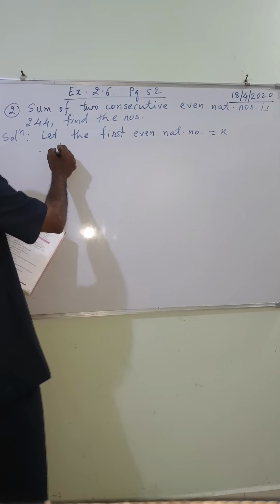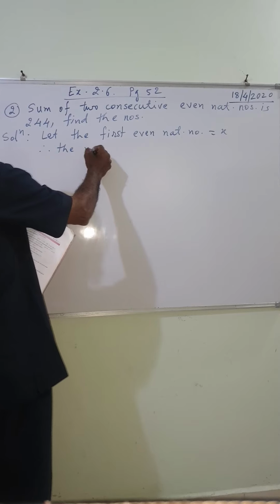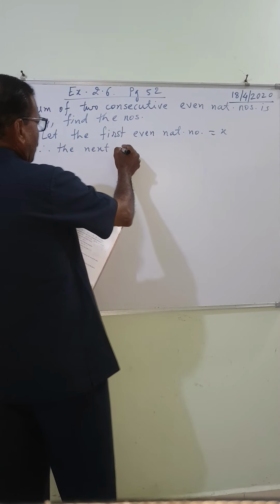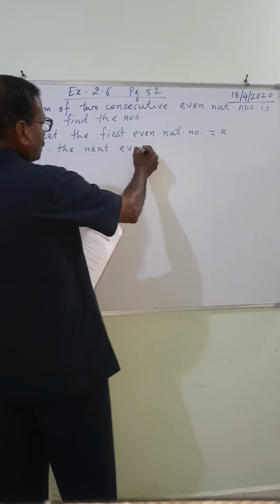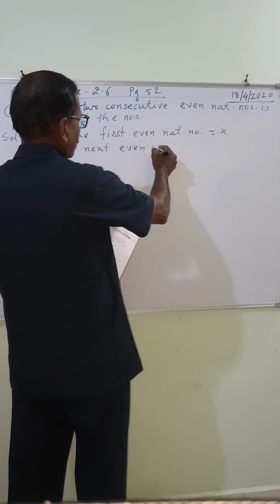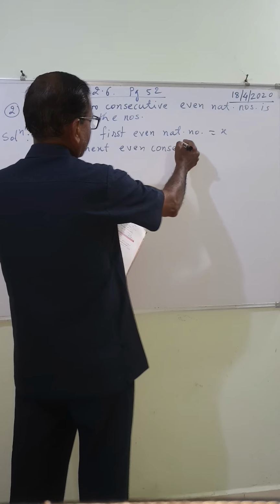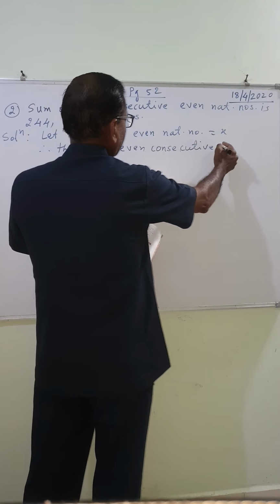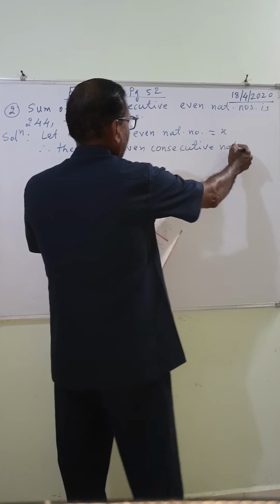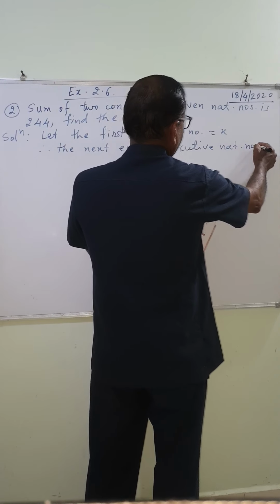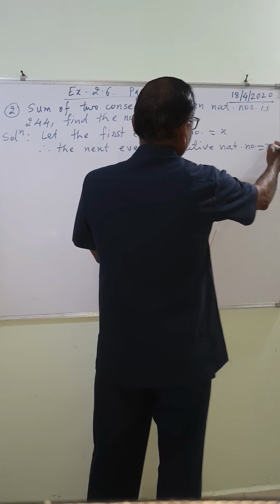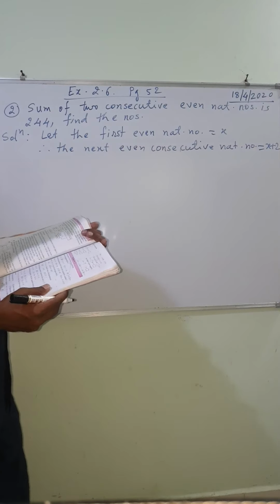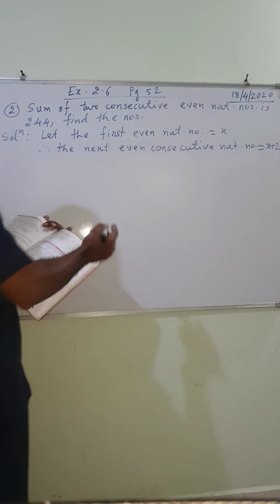Therefore, the next even consecutive natural number is x plus 2, because the difference is 2, which means the next number will be bigger than the earlier number by 2.